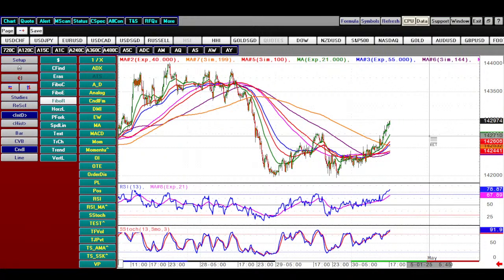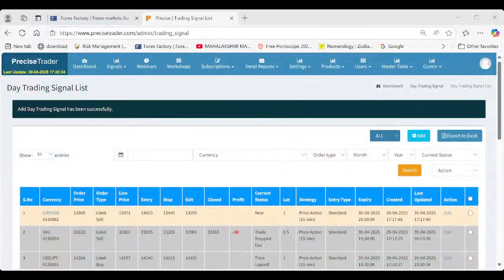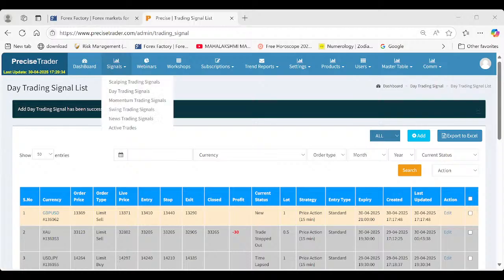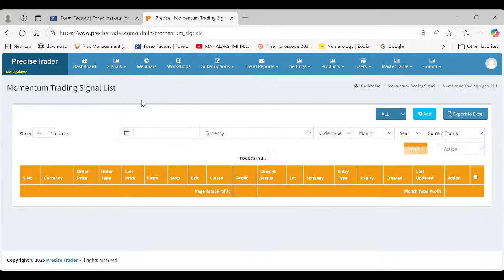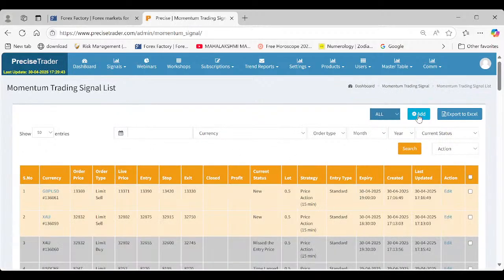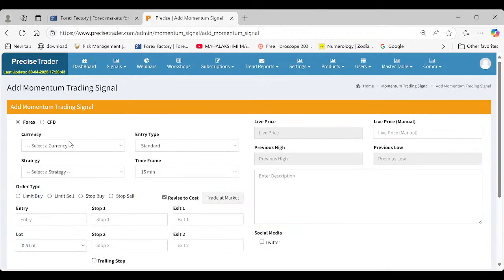Okay, so the next signal we are going to give is trying to buy dollar yen at 142.70, stop 142.30, with targets at 143.30 and 143.50.